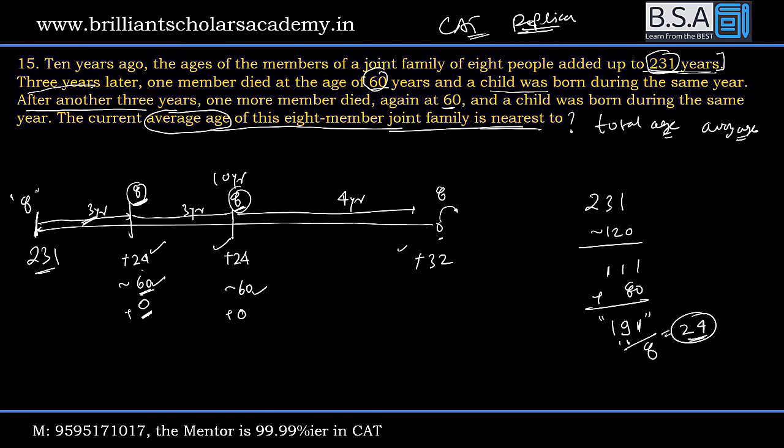This is the simplest way to find out the average. You find out the total value first.